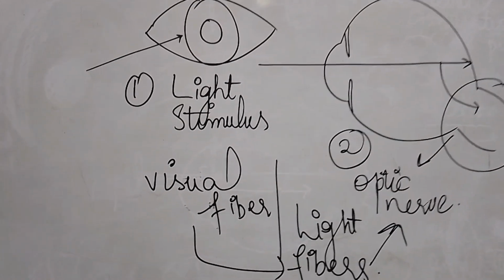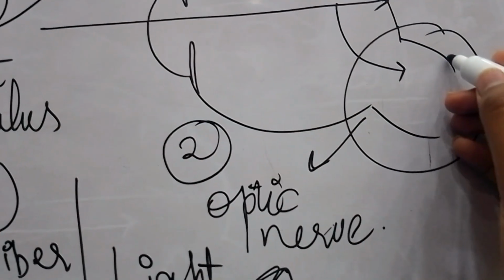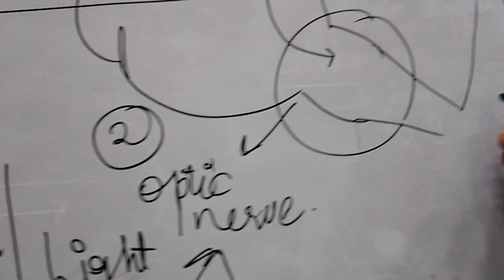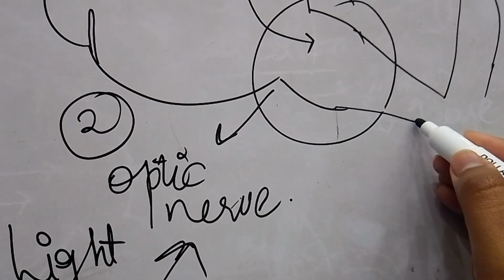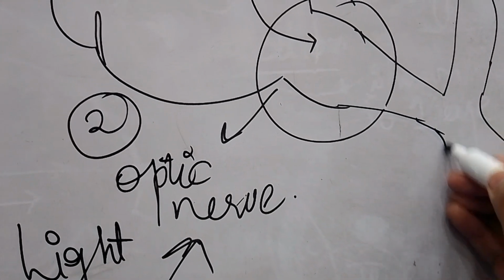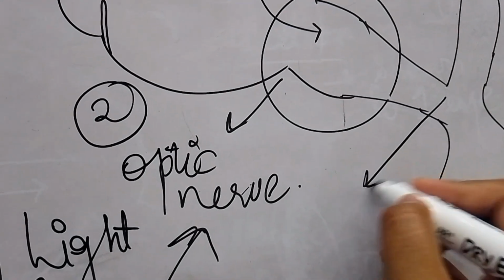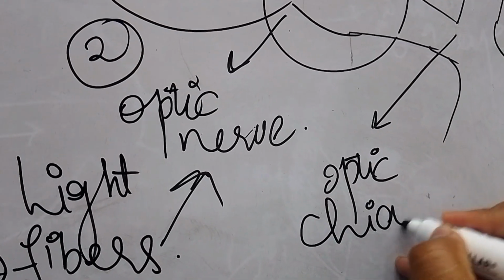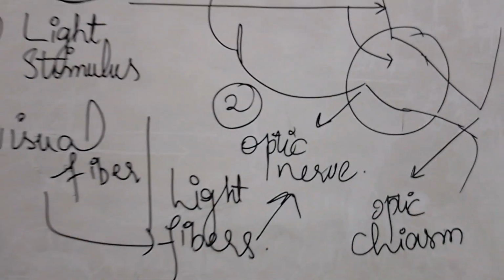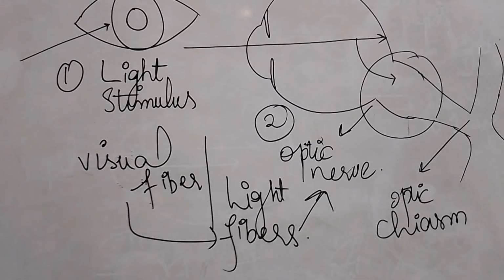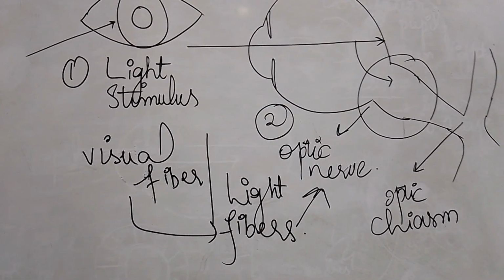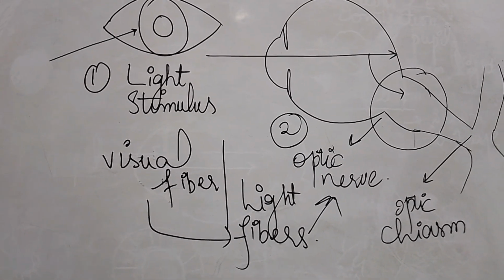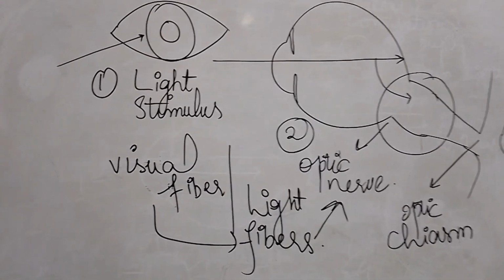In the optic nerve, at the back side, the optic nerve of one eye and the optic nerve of the other eye meet at a single point, which is the optic chiasm, right? That is a different concept, the visual pathway concept, in which we have discussed what the optic chiasm is.